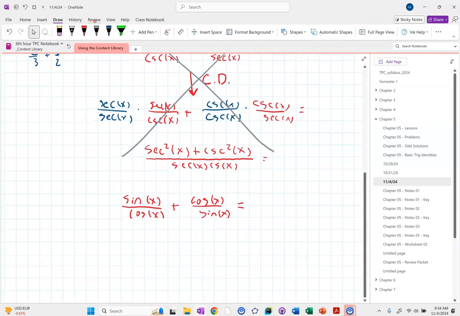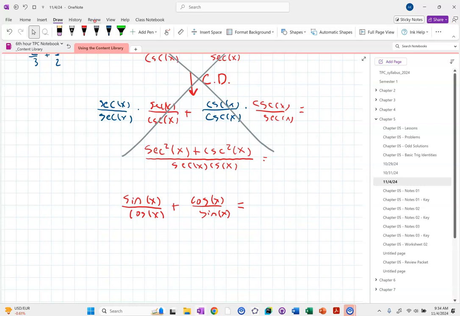So instead of turning them into secant over cosecant and then cosecant over secant, I just went sine over cosine and cosine over sine. Still going to make a common denominator. Still going to do that the same way, multiplying so that I get a common denominator of cosine times sine.